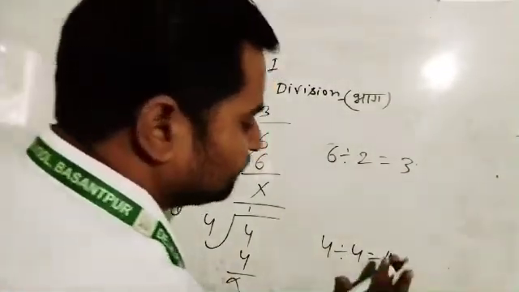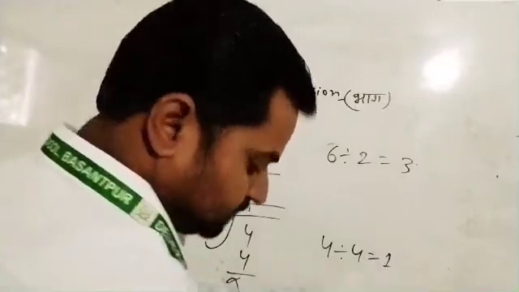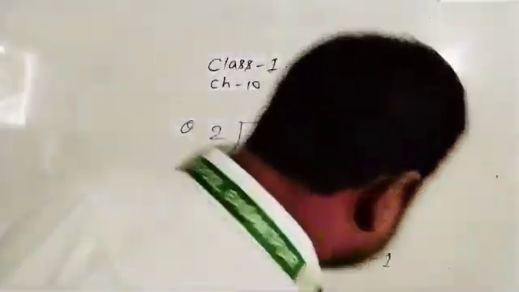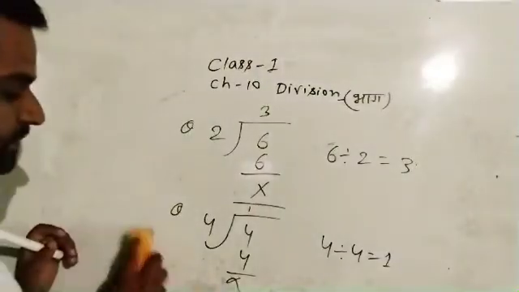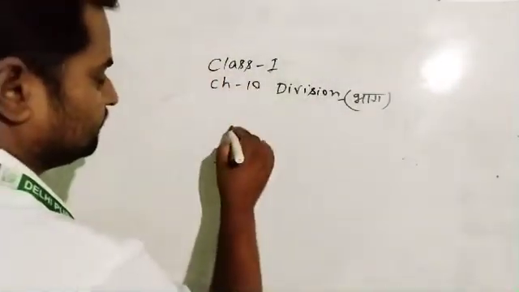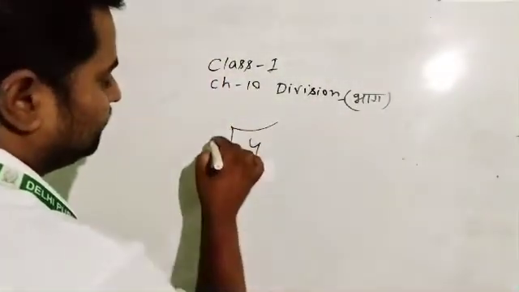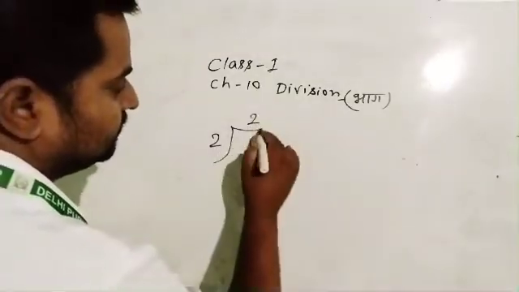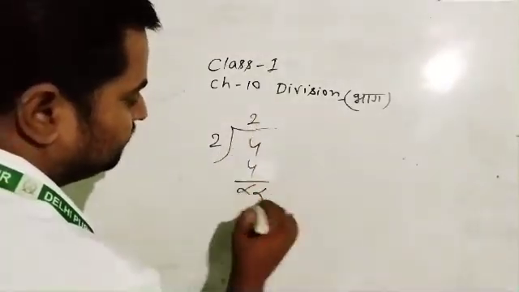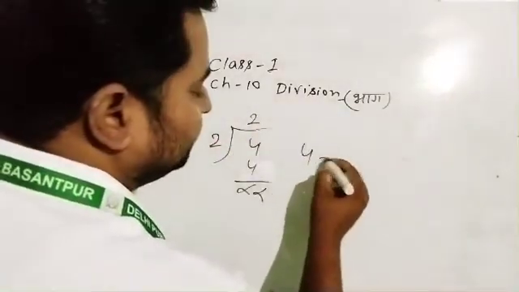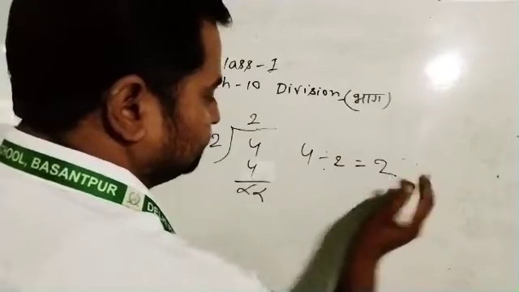And the next example, 4 divided by 2. 2 2s are 4, you write 2, and write 4. Your answer is 2, so write 4 divided by 2 is equal to 2.